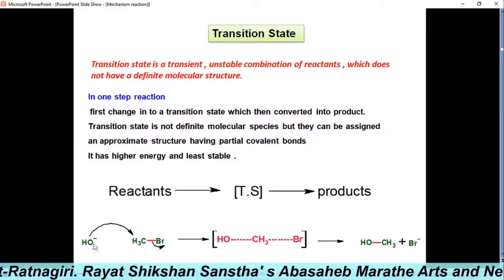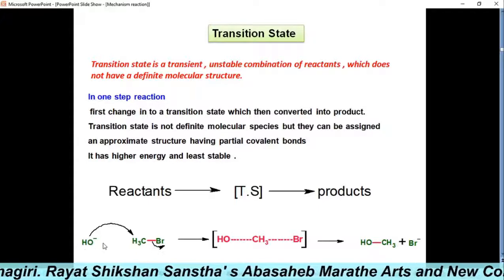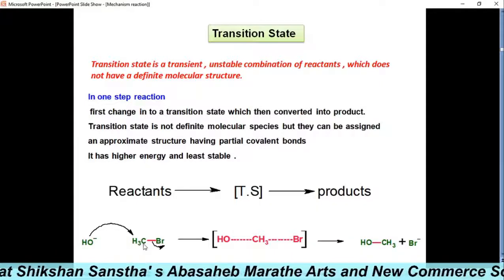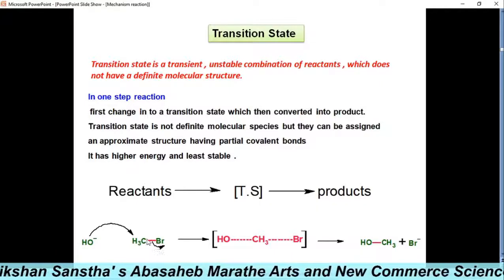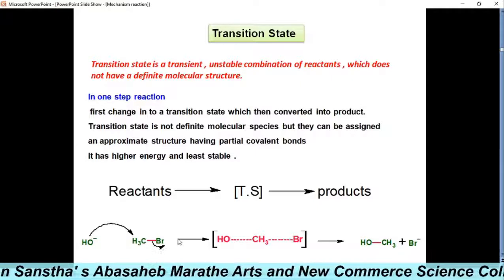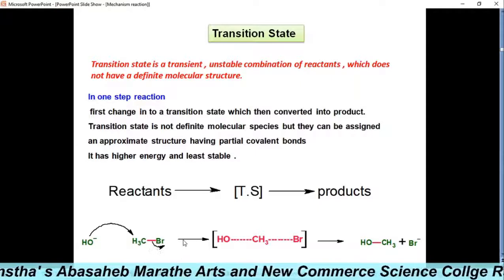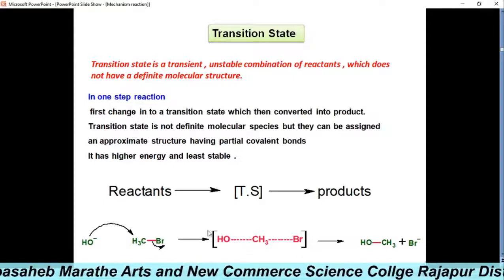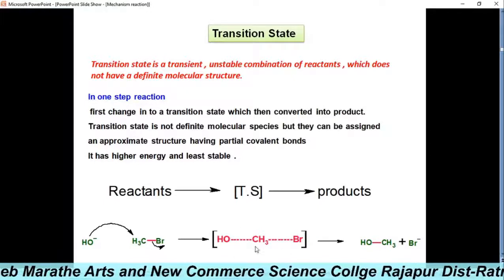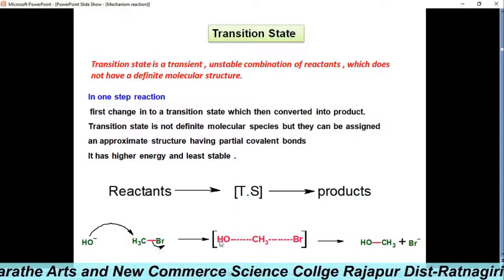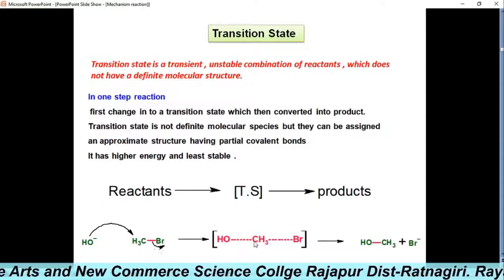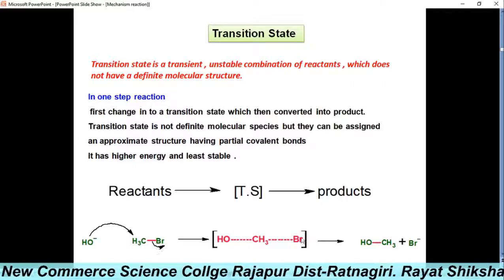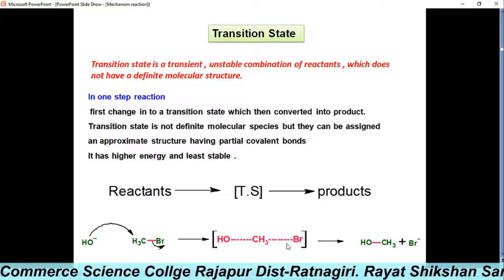This OH minus, which is a nucleophile, attacks from the backside of the methyl halide, and the bromide is replaced from the front side, giving the transition state in which the OH and this carbon form a partial bond, and the CH3 and bromine bond is partially breaking.